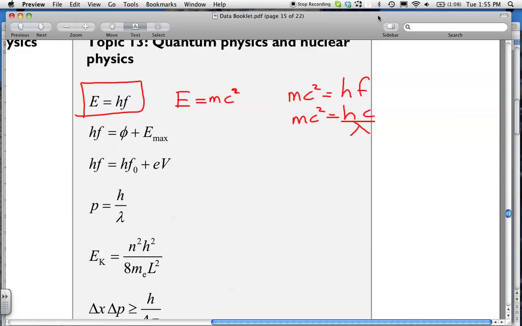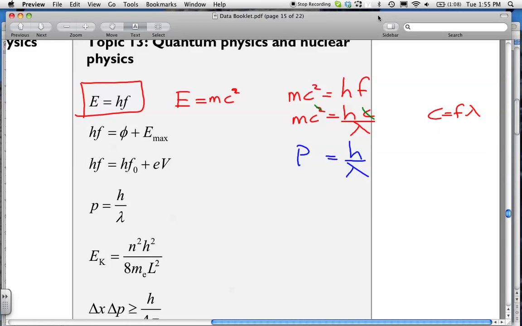If we have c is equal to frequency times wavelength, and we switch that formula around, here we can see that our c cancels, and we have one left there. mc, mass times speed, gives us p is equal to h over lambda, and this was de Broglie's formula.